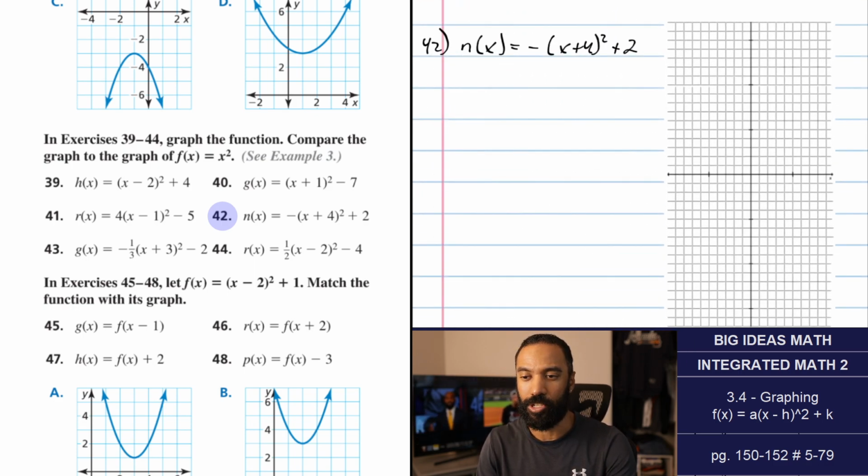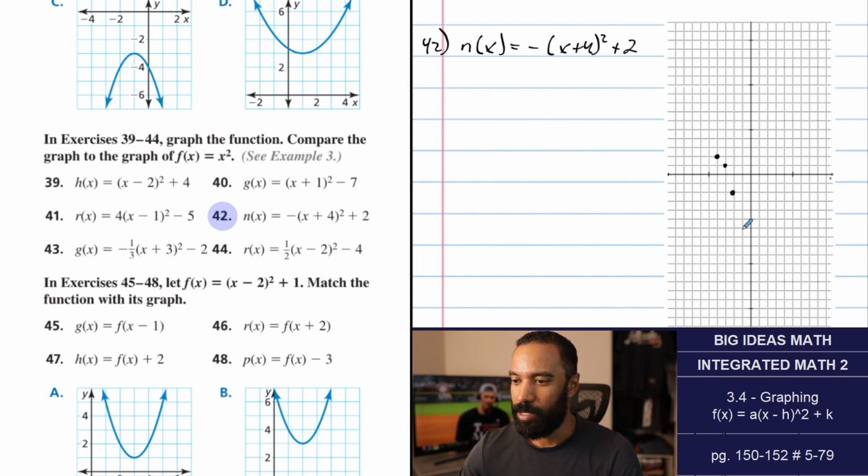It just reflects over the x-axis. So at negative 4, positive 2 is our vertex. And we're going to go downward. 1, 1, 2, 4, 3, 9, 4, 16. And that's all I can fit. And reflect, reflect, reflect.